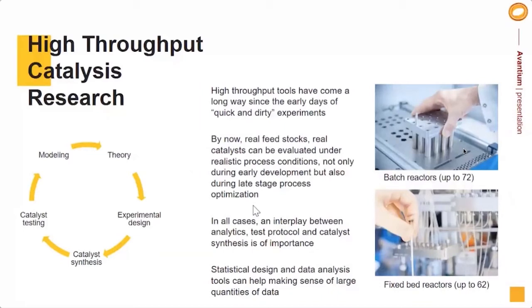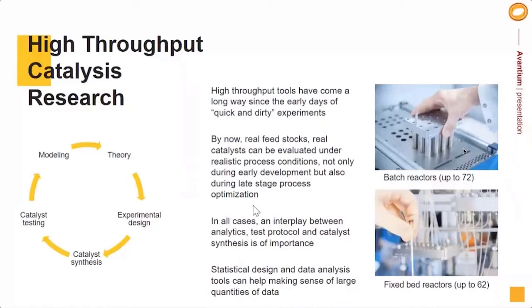Now, in all those cases, it's not just that you do a high throughput catalyst test and that's it. No, you really need to make an experimental design from the start. So now I go to the circle on the left. You have an idea that you want to test, so you make an experimental design. Then you do a very well thought-out catalyst synthesis or catalyst selection. Then you need to do very thorough and well-controlled catalyst testing.